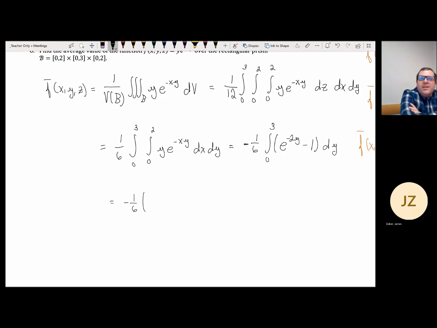The antiderivative of e to the negative 2y is negative a half e to the negative 2y, right? That will be evaluated from 0 to 3. So it's e to the negative 6 minus 1. Then that's just negative 3. Uh-oh.